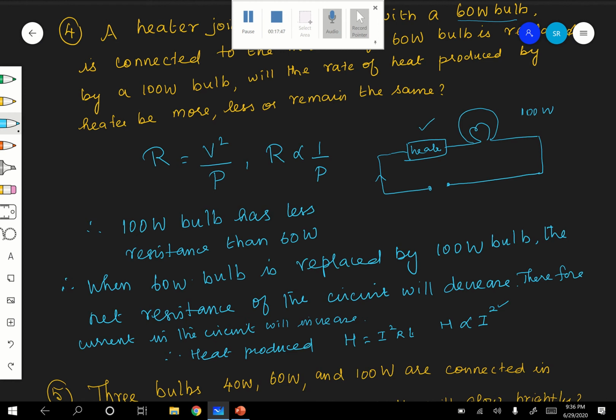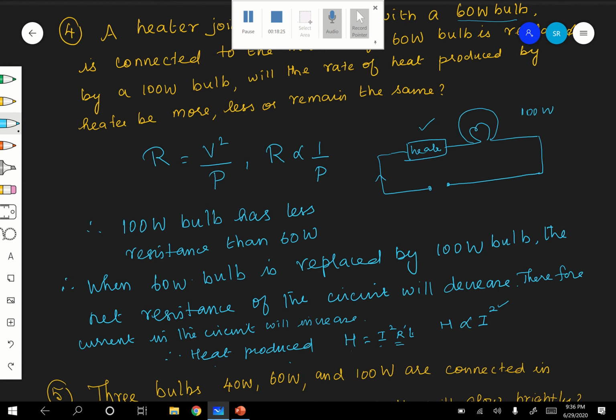Are you following? Is it clear? I is increasing. R is the resistance of the heater. In heat produced H is equal to I squared RT, you are asked for the rate at which the heat is produced in the heater. The heater coil will have a resistance, let it be R dash. R dash is the resistance of the heater. Now the current through the circuit is increasing.